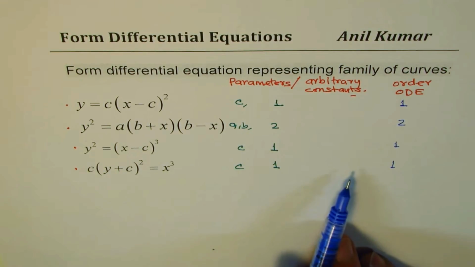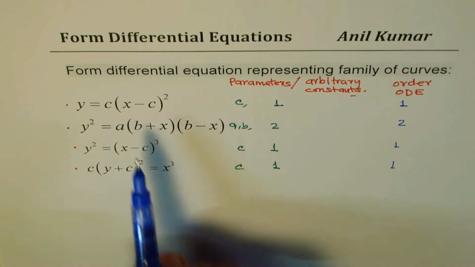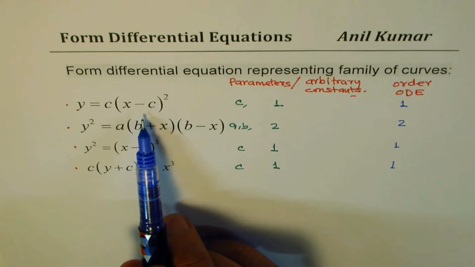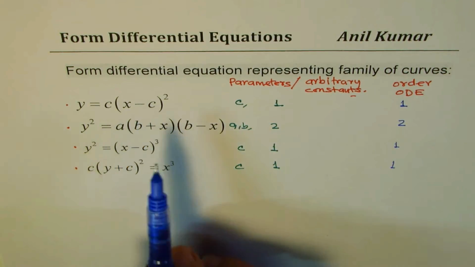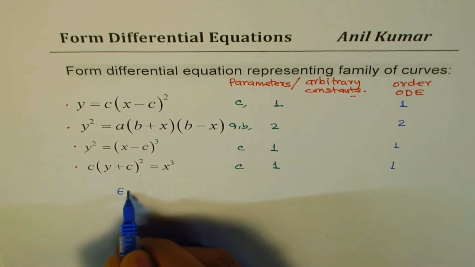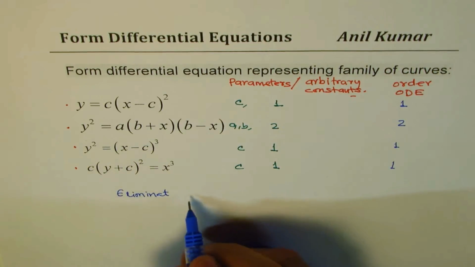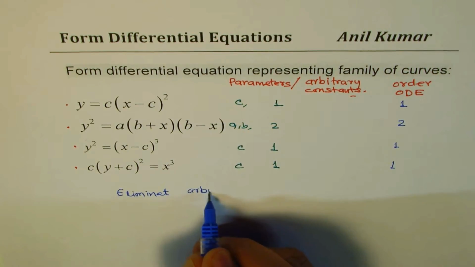Whenever you look at a differential equation, you have to understand how many times you should be differentiating the equation to get the result. And now the idea is basically to eliminate the arbitrary constant.